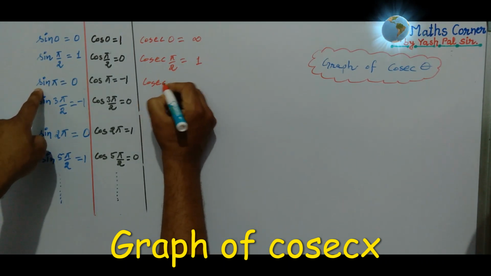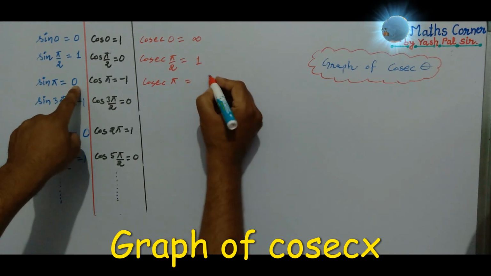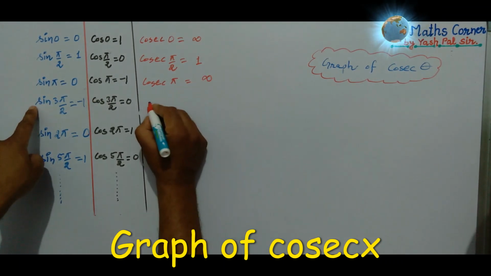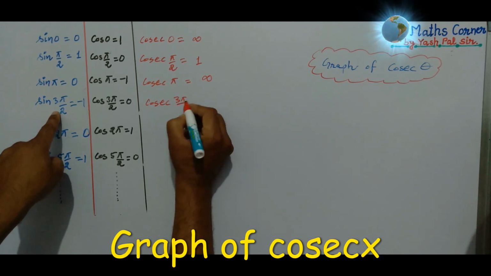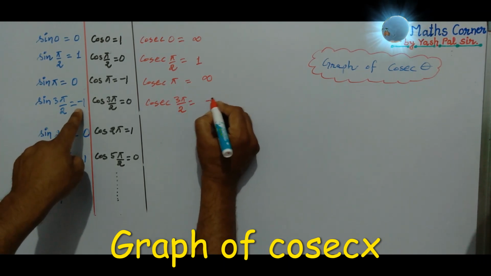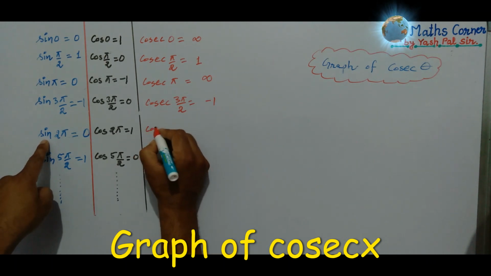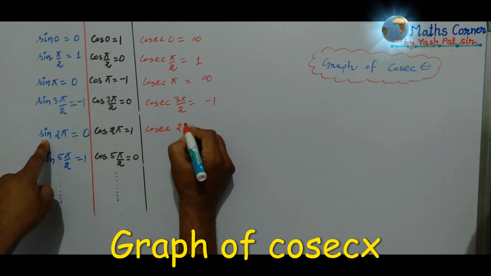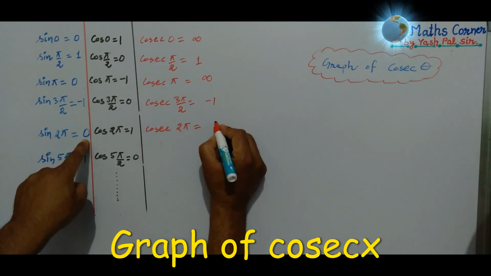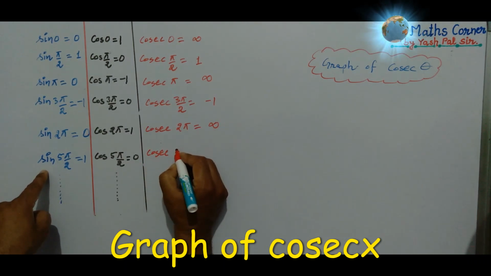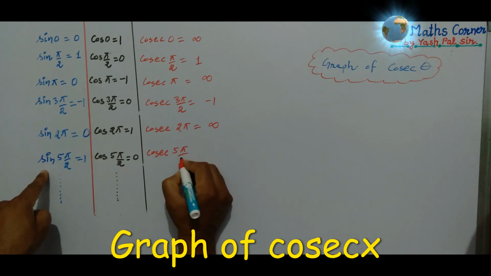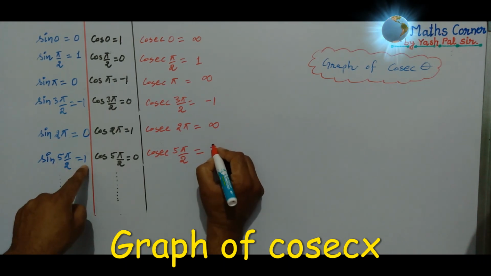Cosecant of pi, 1 upon 0, infinity. Cosecant of 3 pi by 2, that is equal to minus 1. Cosecant of 2 pi, this is equal to 1 upon 0, infinity. Cosecant of 5 pi by 2, that is equal to 1 upon 1, 1.